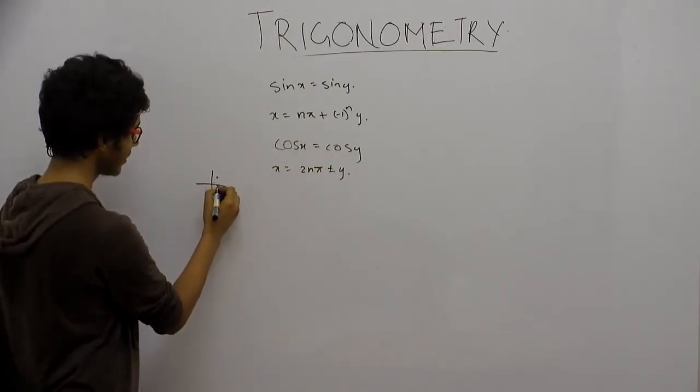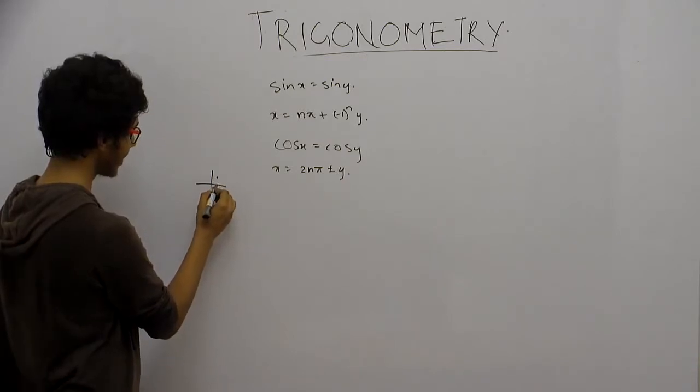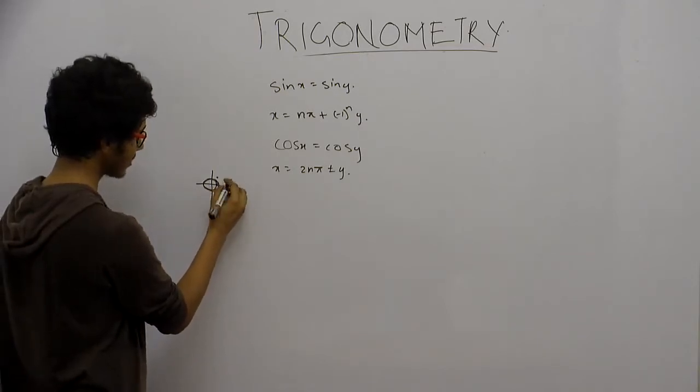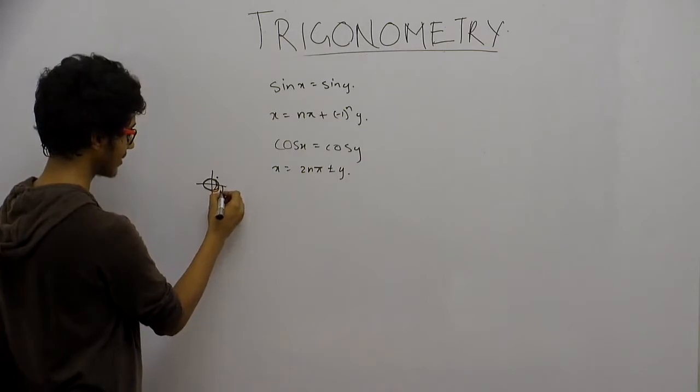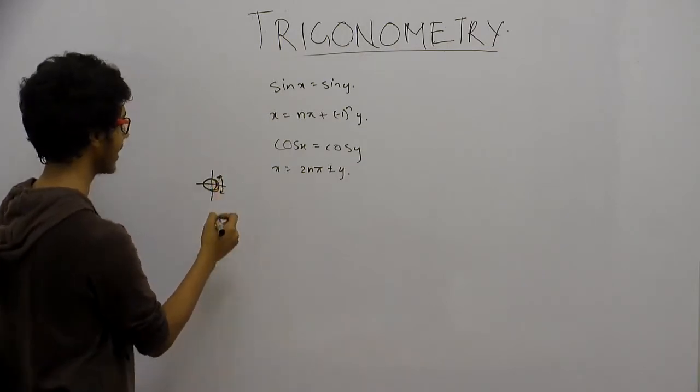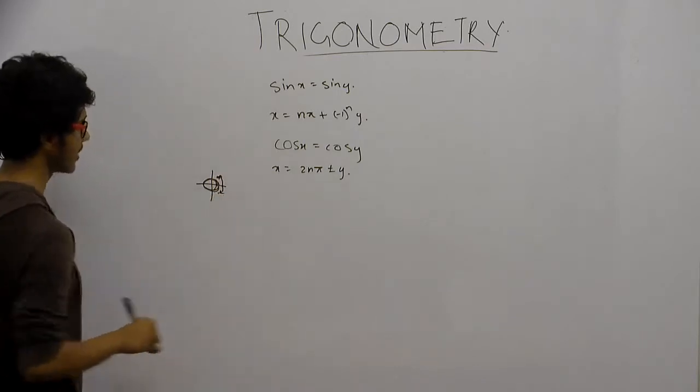Suppose x is here. After rotating 2n pi times, an even number of pi times, 2 pi, 4 pi, 6 pi, you can either subtract y and get the same x, or you can add y and get the x. X is either here or here.